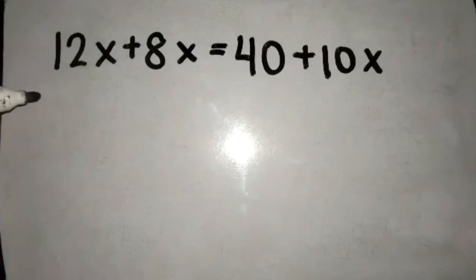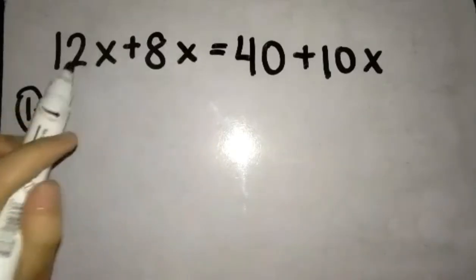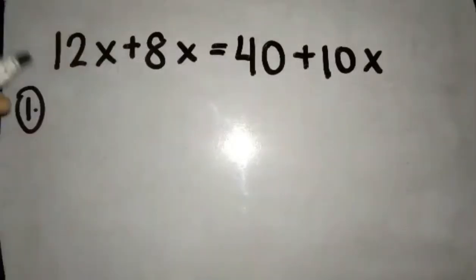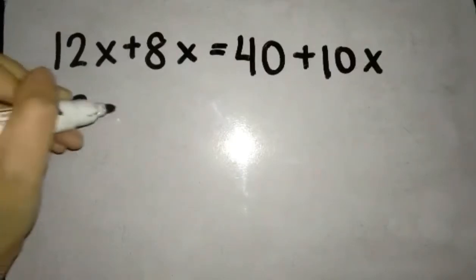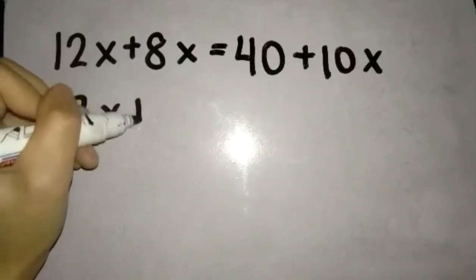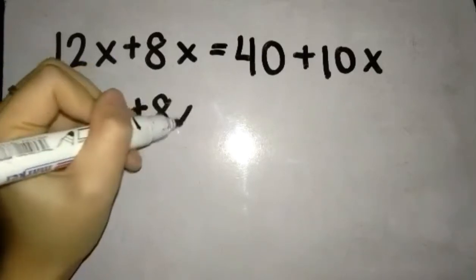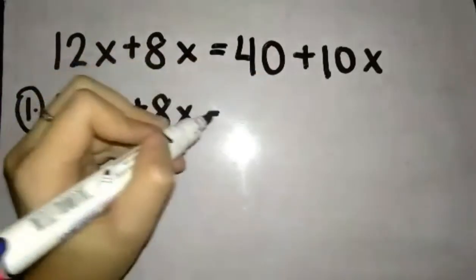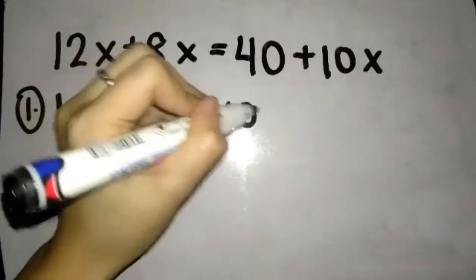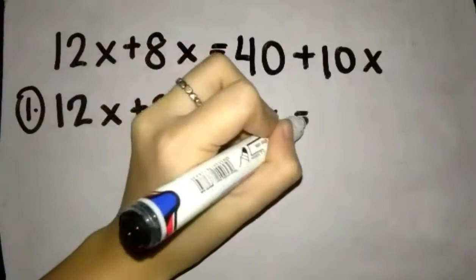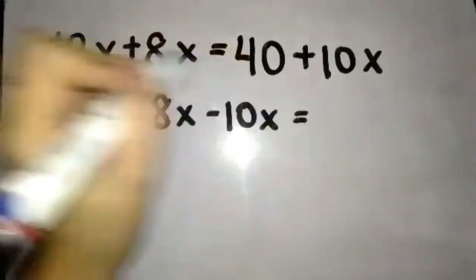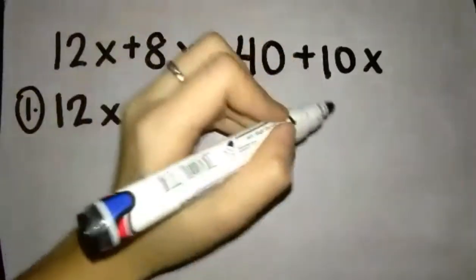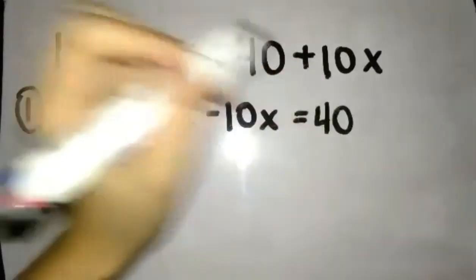Another example. 12x plus 8x is equal to 40 plus 10x. First, transpose all the constant with a variable on the left side. 12x plus 8x, since positive 10x will become negative 10x, is equal to 40, which has no variable, so we just copy the 40.